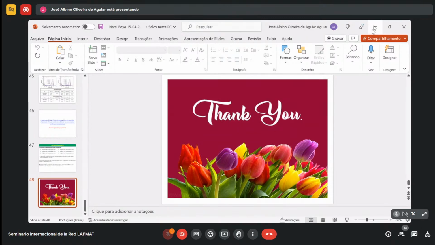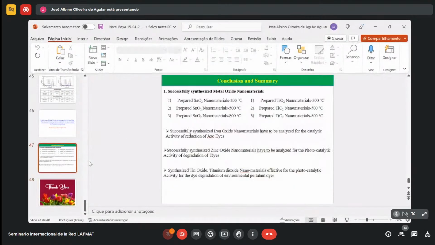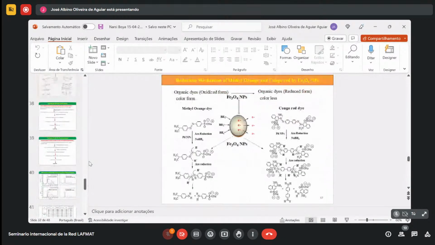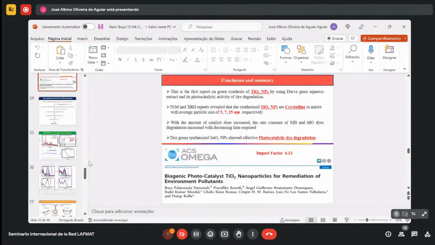Professor Narsi, in your iron oxide magnetite, is it possible to show the slide? Magnetite.